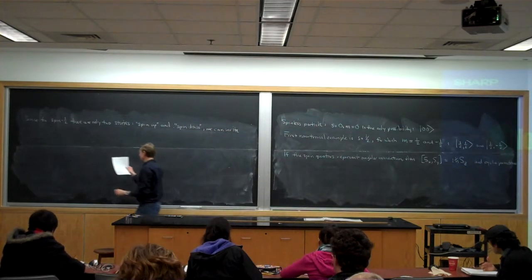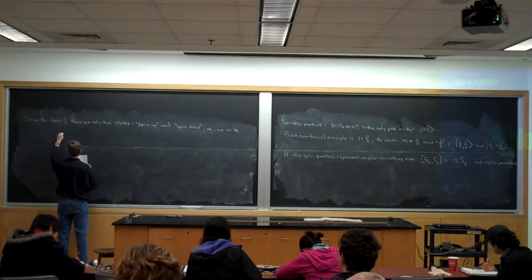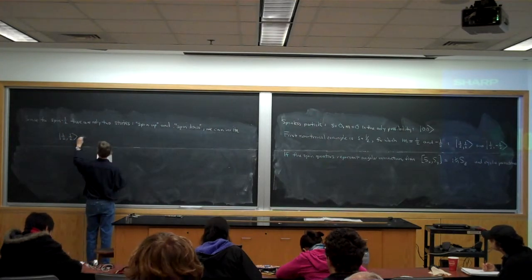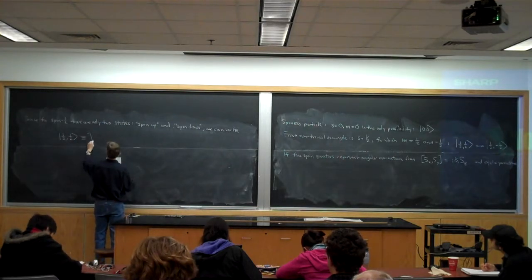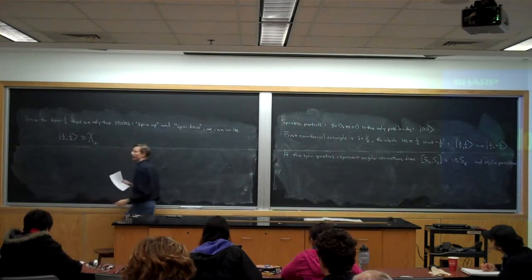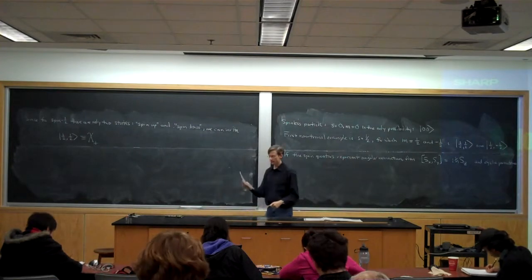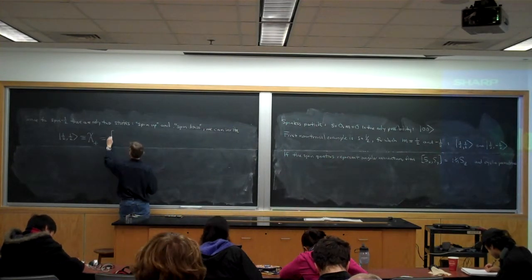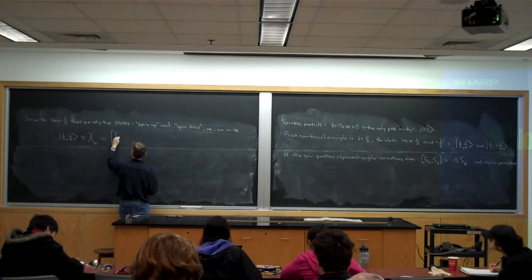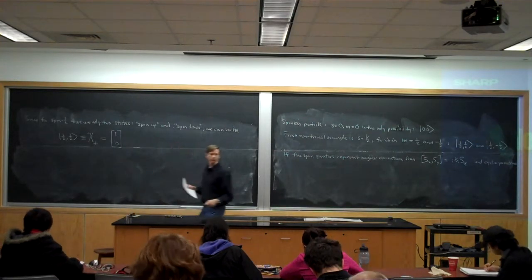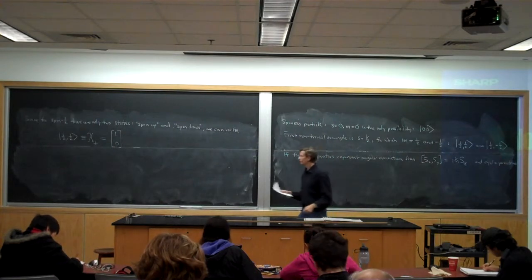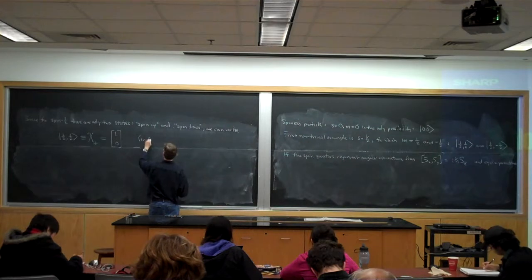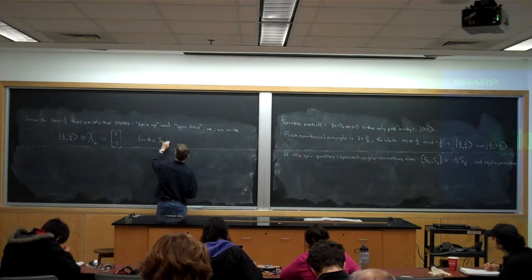We can write that |1/2, 1/2> by definition is what we will call chi sub plus, representing spin up, and it will be represented by the column vector (1, 0). This is in the S sub z basis.